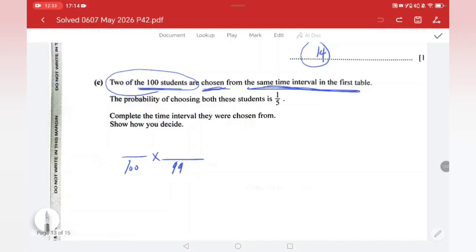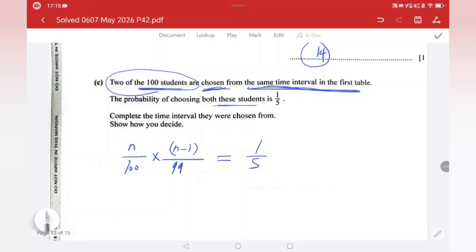What they need, they said that the probability of choosing both students is 1/5. So complete the time interval they were chosen from. If here is n, it should be n minus 1 here, decreased by 1.